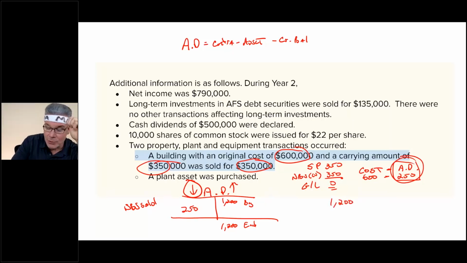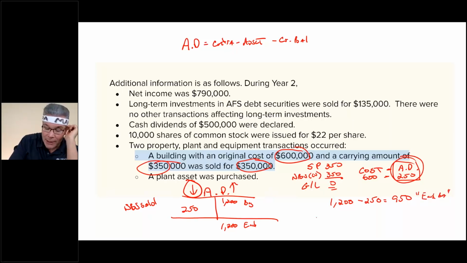$1.2 million minus 250. My ending balance should be what amount? Well, if you take $1.2 million and subtract that 250, what do you get? 950. You know I can't do math in my head. Told you my IQ wasn't that high. This would be my ending balance. It's not.